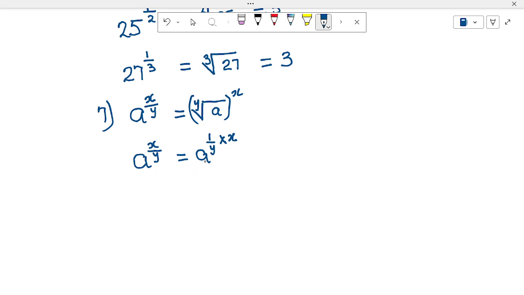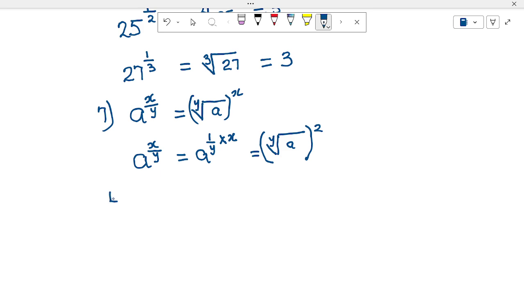And we already know from our previous law that a raised to power 1 all over y is the y root of a. Then multiplying by x gives you the whole thing raised to power x. Can you see it? Good.